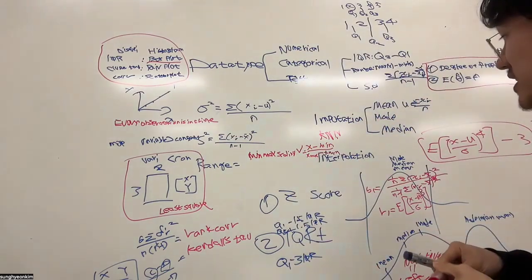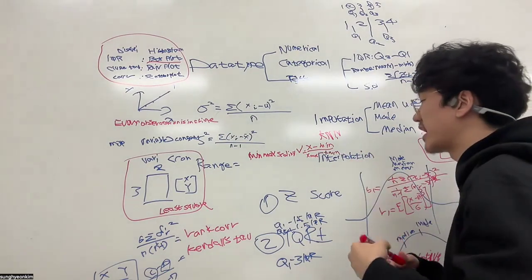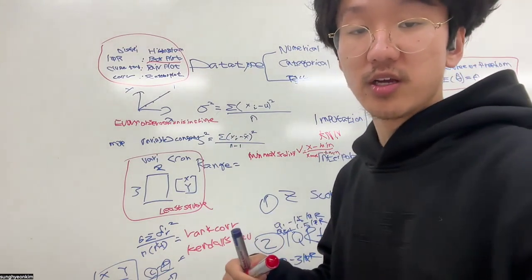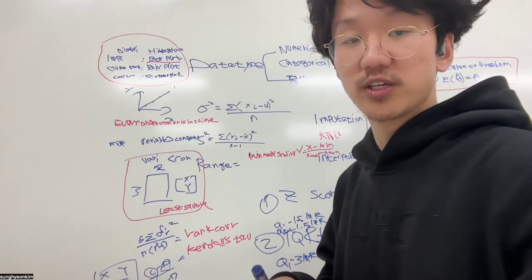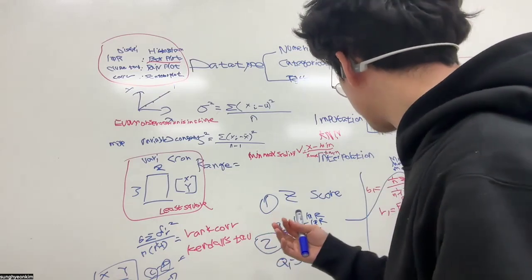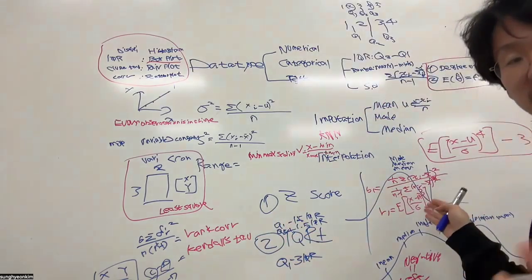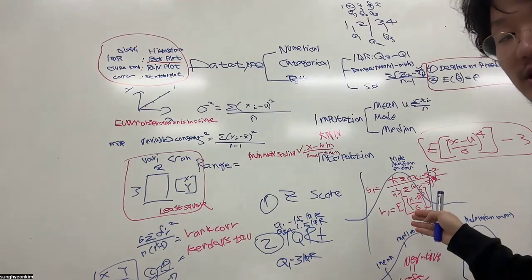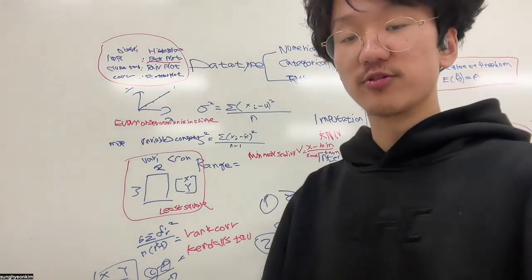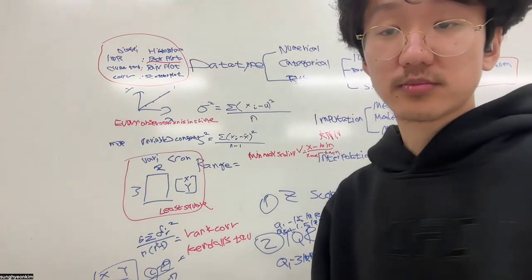If x is the maximum, then it will be 1, and if x is the minimum, it will be 0. And we can do standardization, or we can do robust scaling. When you do standardization, you use mean and sigma, but we can change it to median and interquartile range, then we can reduce the effect of outliers.